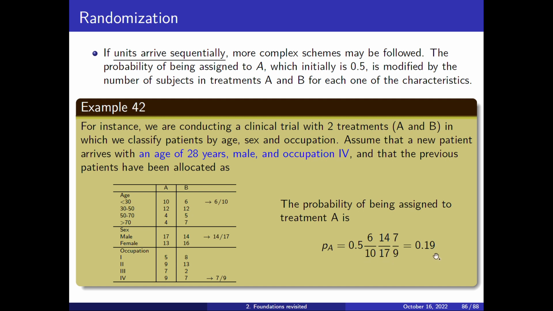Now you take a random number between 0 and 1, and if it is smaller than 0.19, he will go to group A. But with 81% probability he will be in group B. So you try to compensate for the imbalance between the current sizes of groups A and B.